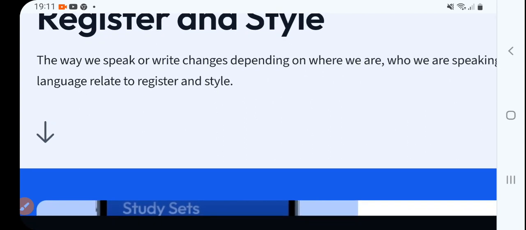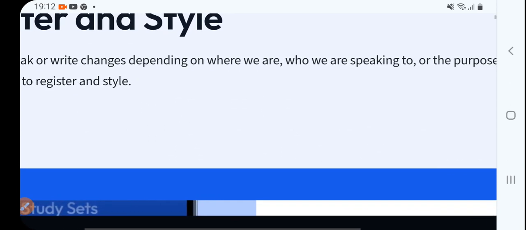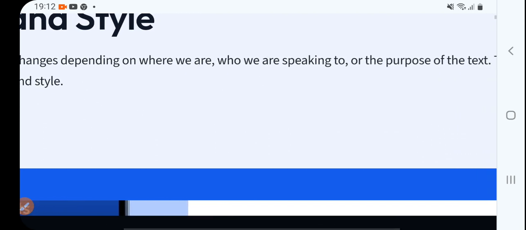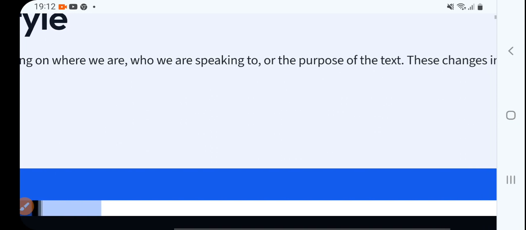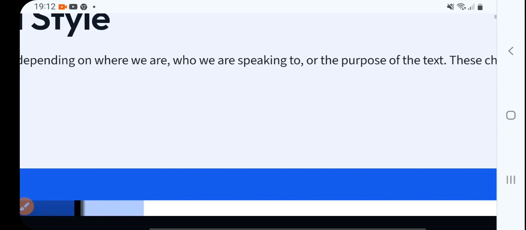The way we speak or write changes depending on where we are, who we are speaking to, or the purpose of the text.